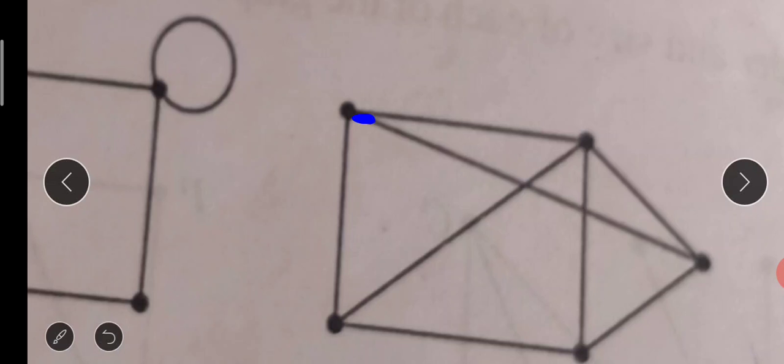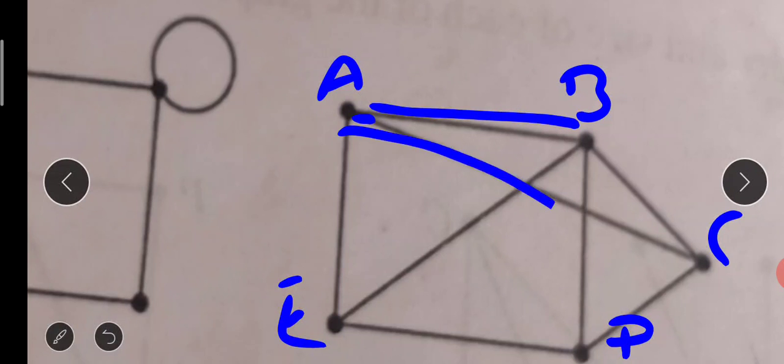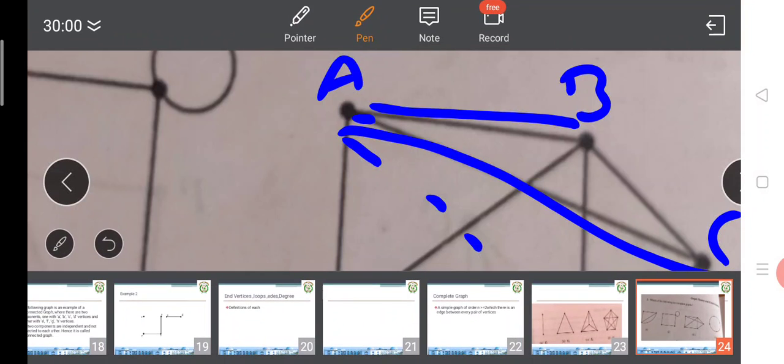If I take this A, B, C, D, E, what is the definition of a complete graph? A complete graph says from one vertex to all other vertices there should be a direct edge. A to B, a direct edge is there. A to C, a direct edge is there. What about A to D? The edge is missing. So this is not a complete graph. There is no edge between A and D. A complete graph means there should be a connection from one vertex to all other vertices in the graph. Next.